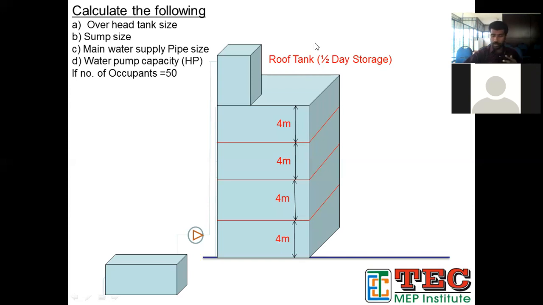They will be using concrete tanks only, so the amount you invest in that concrete tank is huge. Instead of a 2,500 liter tank, a 10,000 liter tank won't be beneficial for them. So better to reduce the tank.